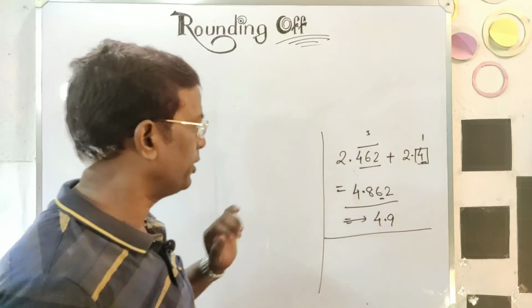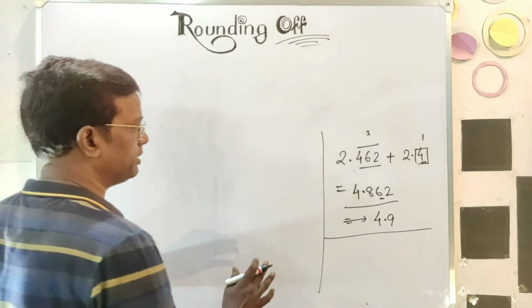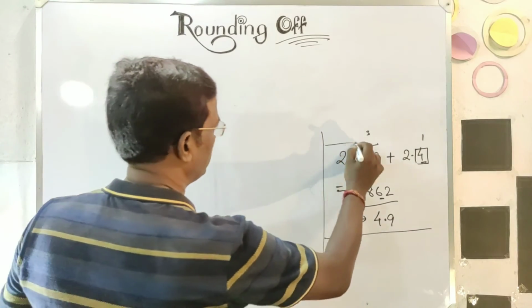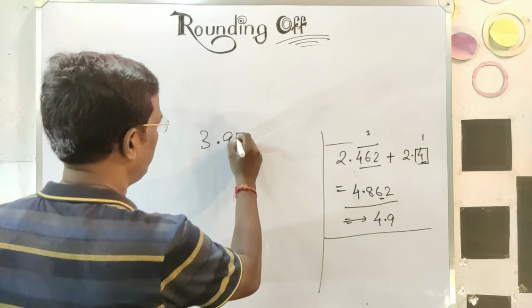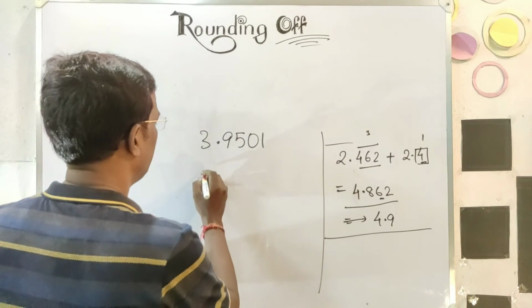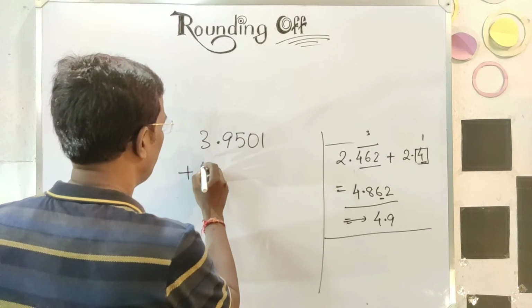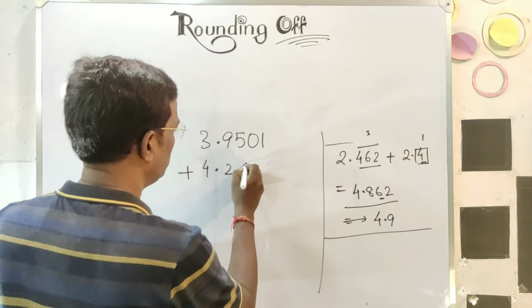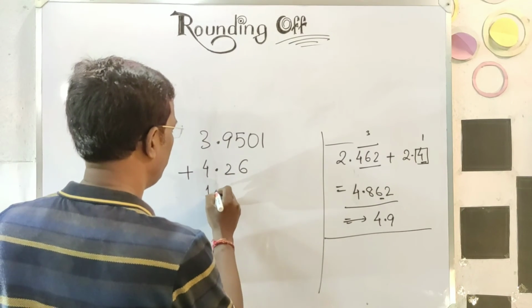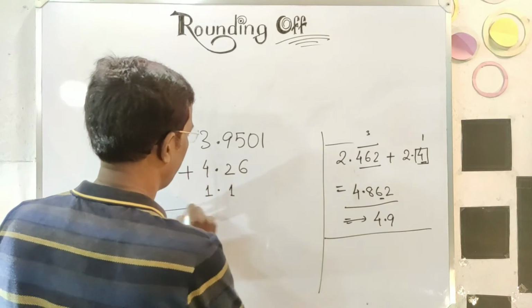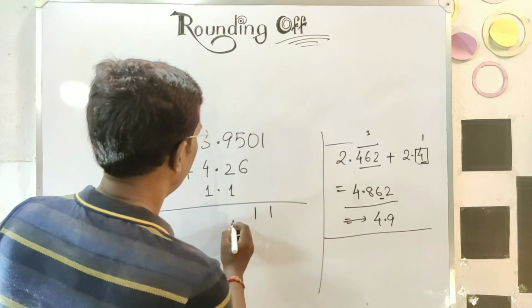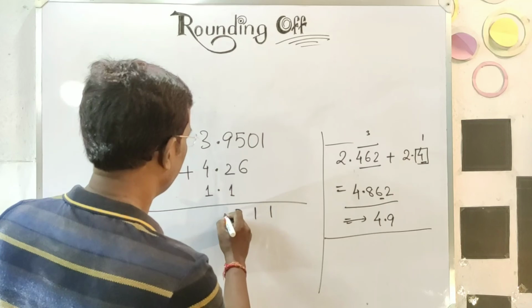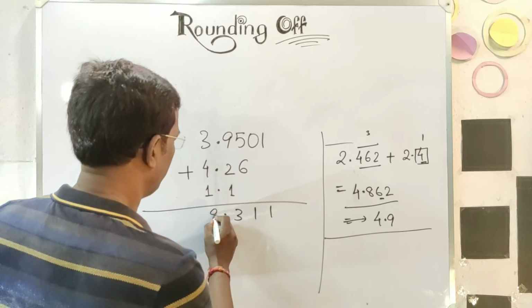For example, to simplify things, for the addition rule: say 3.9501, you add 4.26 and 1.1. You add simply, and it becomes 9.3101.